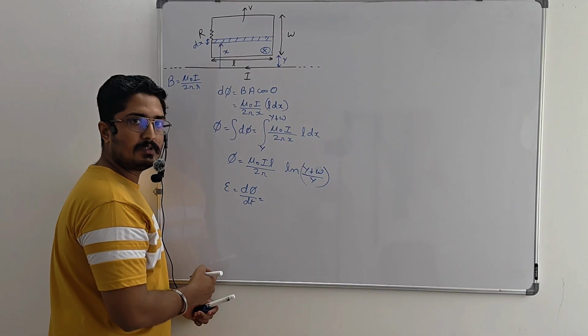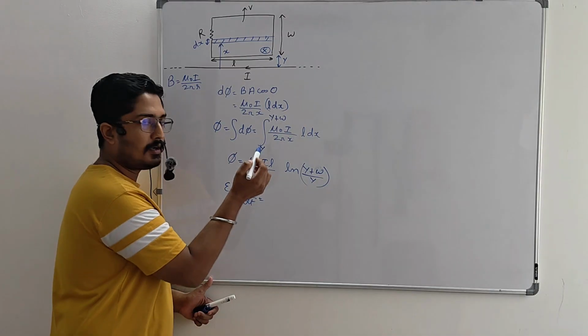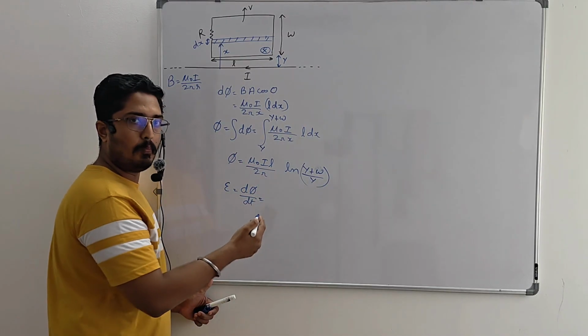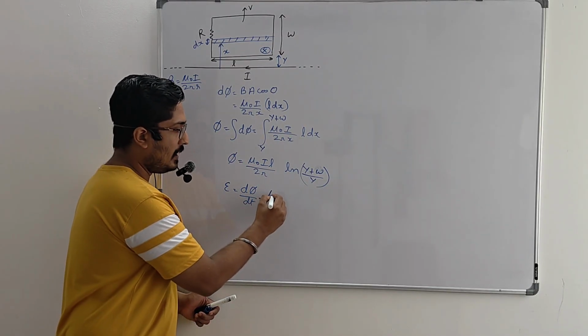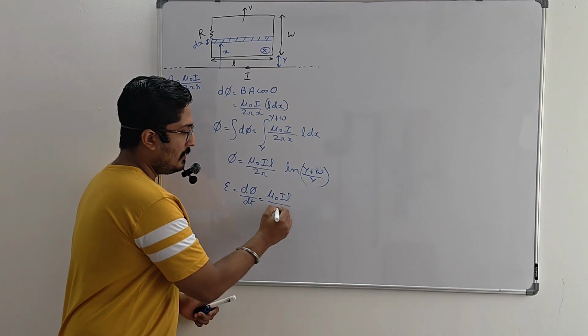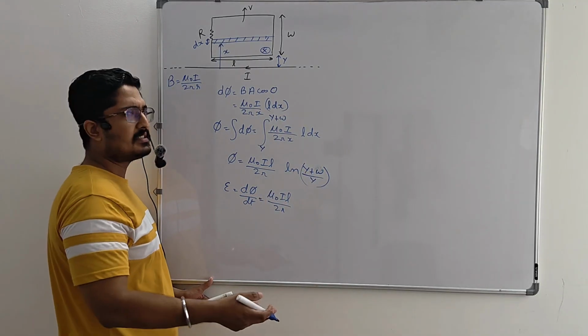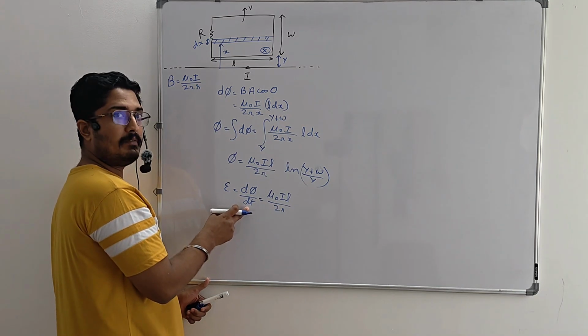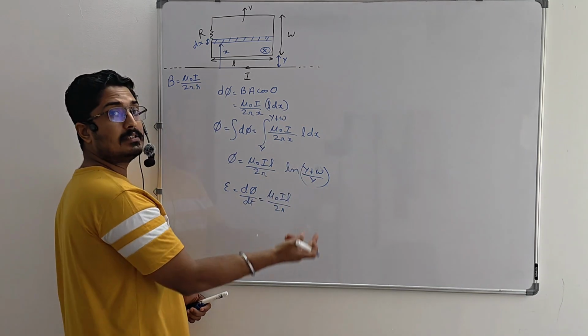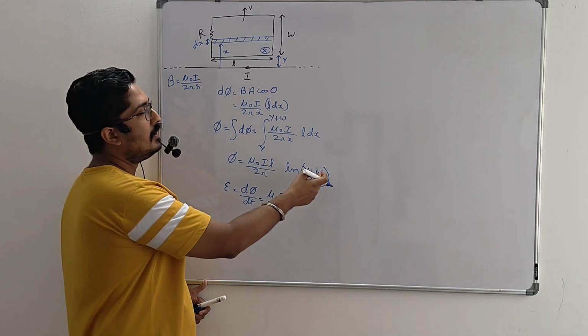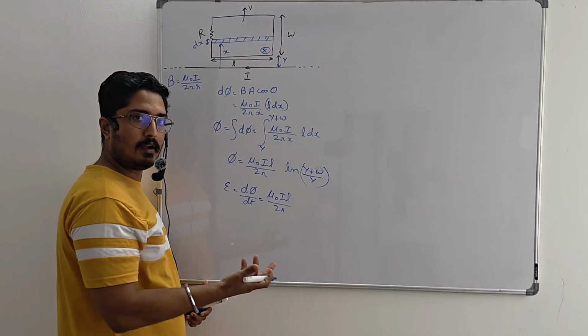If I differentiate this with respect to time, mu naught I L by 2 pi are anyway permanent constants, so you can take them out. Mu naught I L divided by 2 pi. Now in this, what is a variable? We discussed that because I'm differentiating with time, y is a variable because y just keeps on changing. W is the width of that coil, it will remain constant.